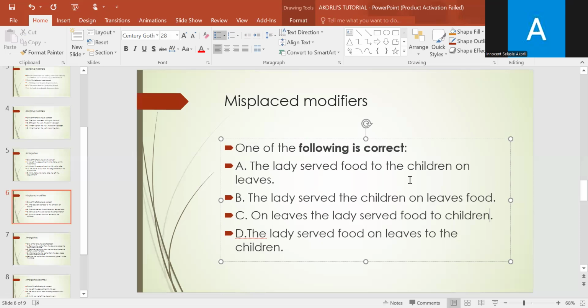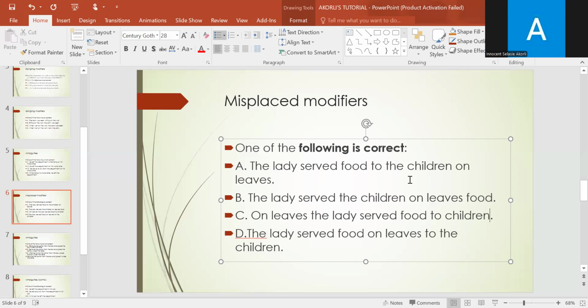Because, for example, if I say bring the book on the table, you have to go to the table, see the book which is on the table, and pick it up. There could be other books in other places, like under the table or on seats and so forth. So when they say the lady served food to the children on leaves, it modifies the children. If you go to where the children are, you see them on leaves.